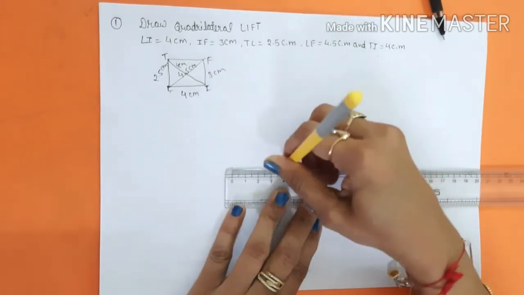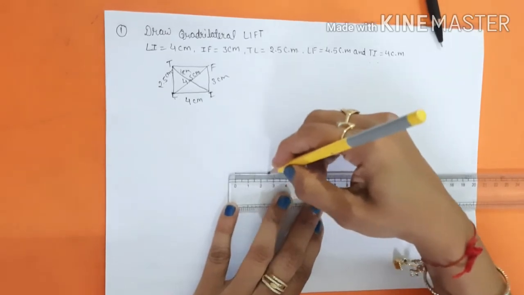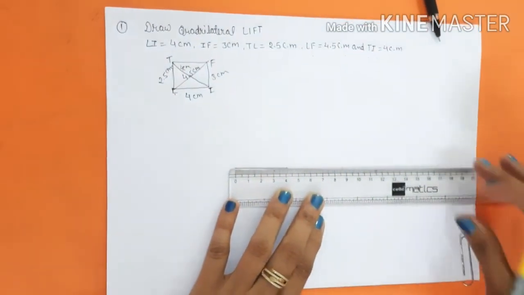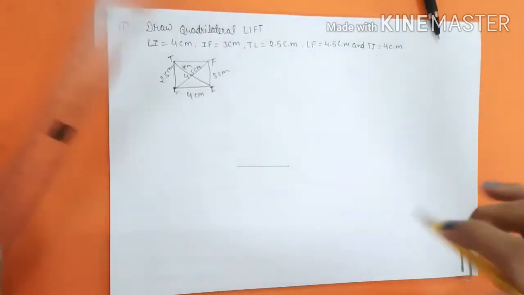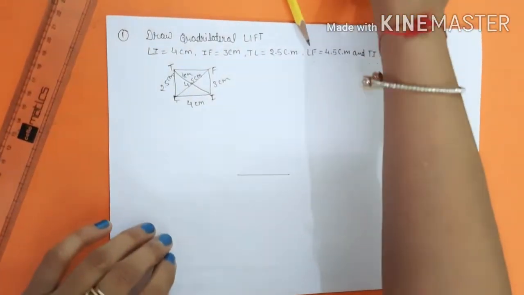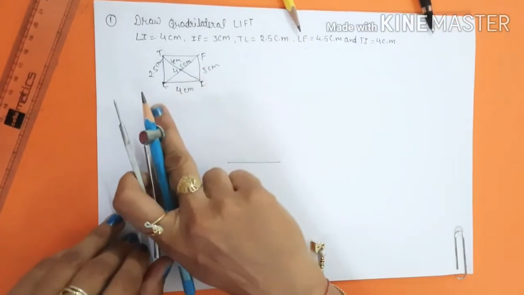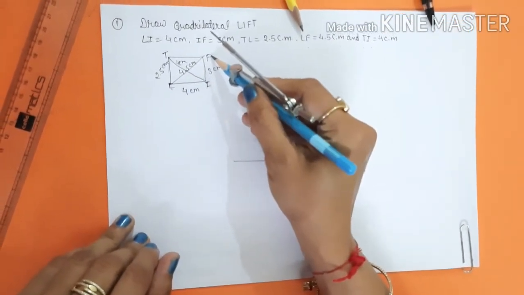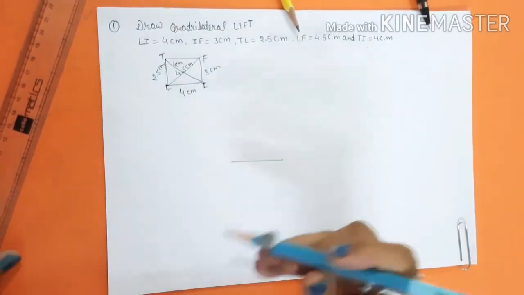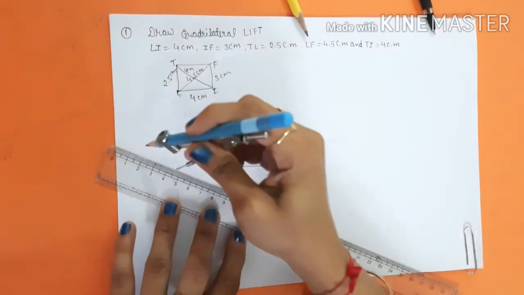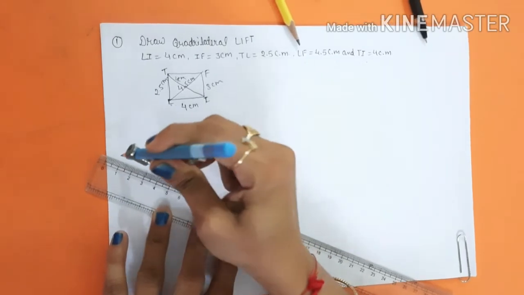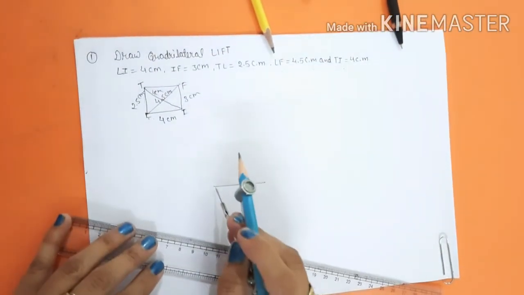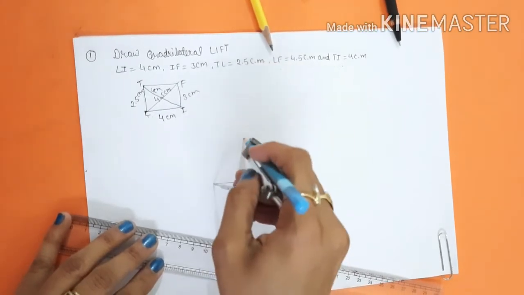After that we'll cut an arc. We'll take L as a center and we'll take 4.5 measurement and we'll cut an arc from L.